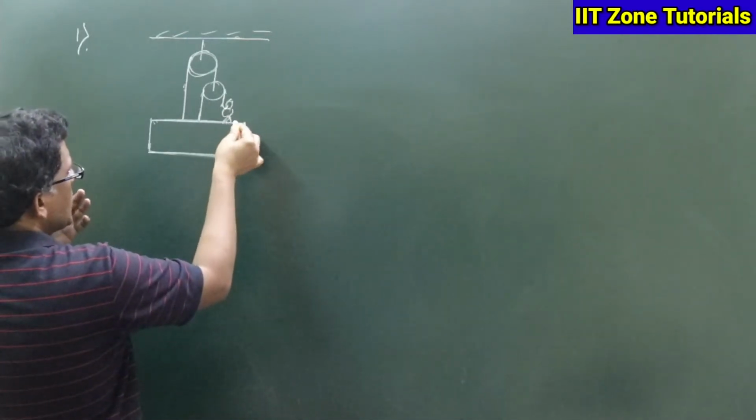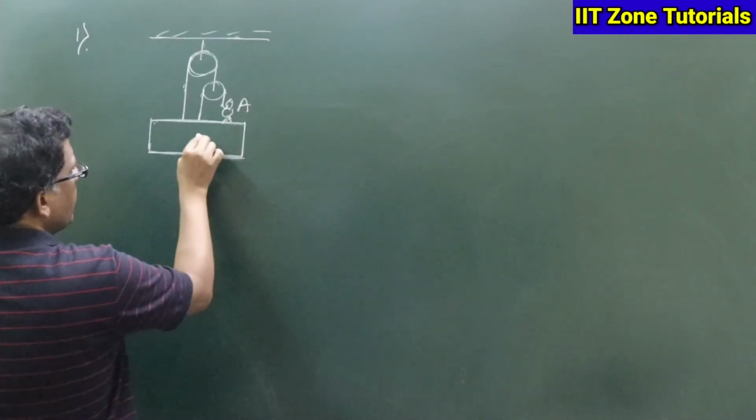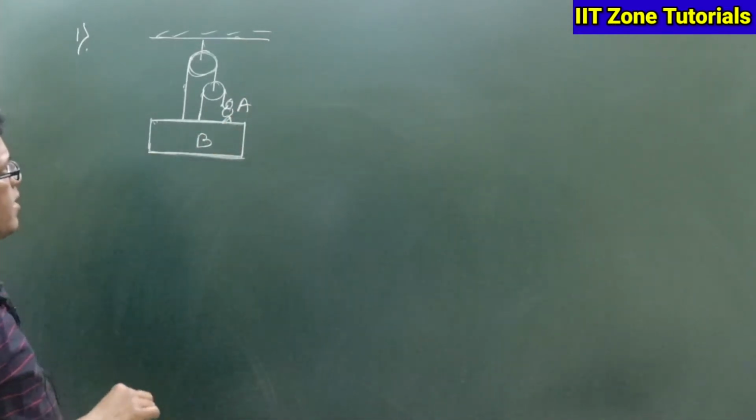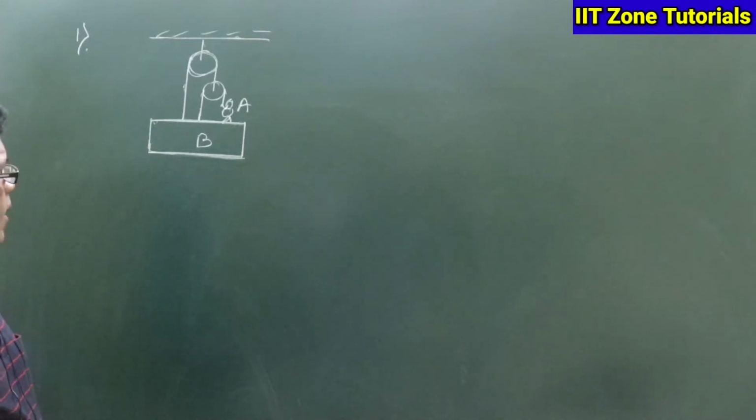Okay, so A is a man, B is the plank, right? A is a man, B is the plank.